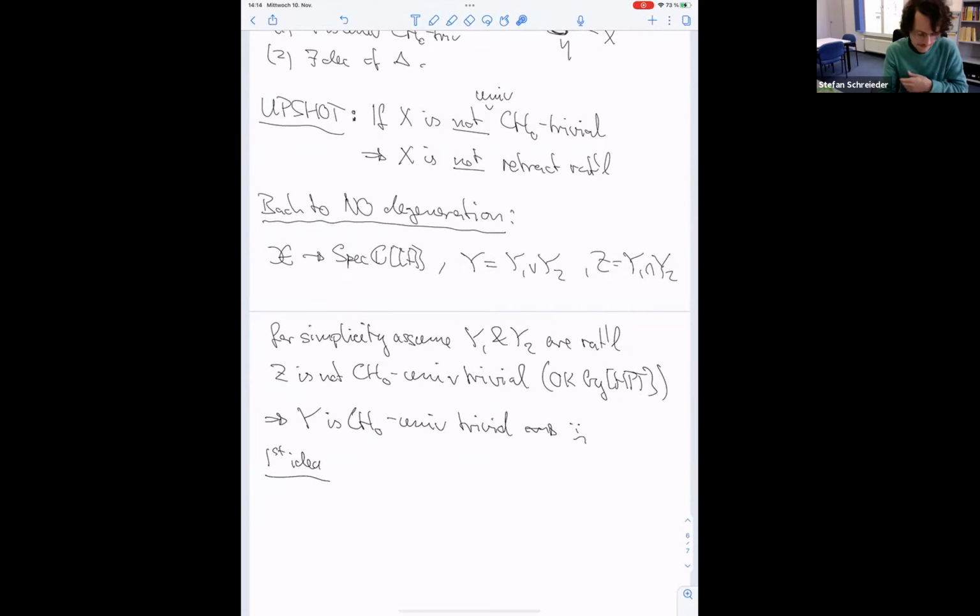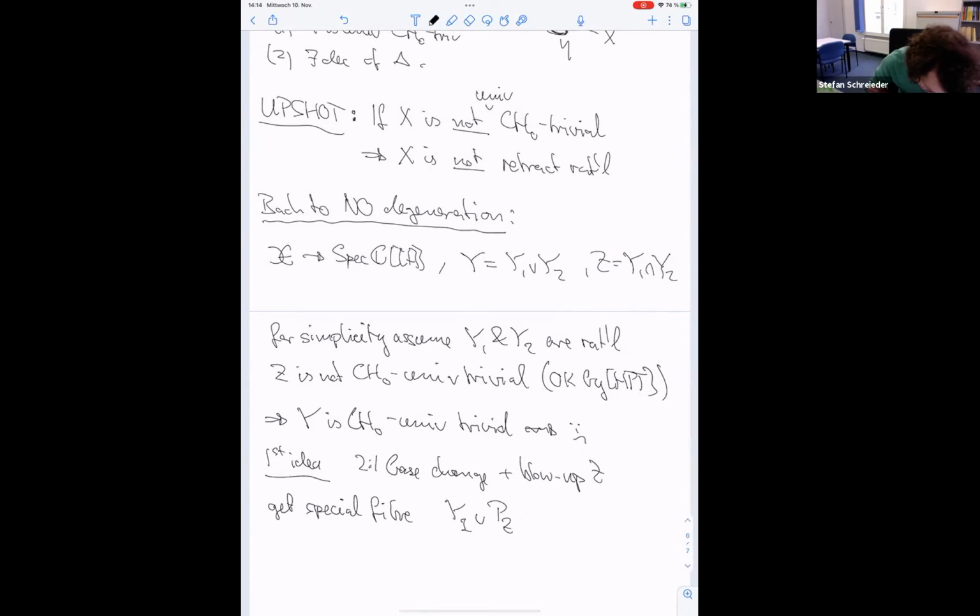So maybe we should blow up Z. So the first idea is 2-to-1 base change plus blow up Z, and then we get a special fiber with now three components: the Y1 that we had before, and the Y2 we had before, and there's a new component, and this is a P1 bundle over Z.